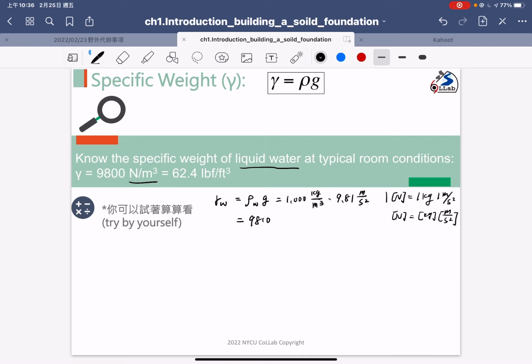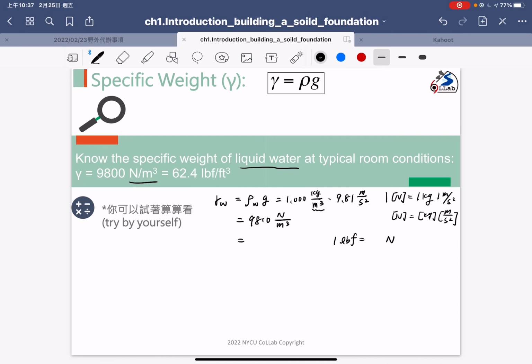Okay, but for our question, how can we convert the SI unit to the English unit? Okay, 公制 to 英制. Okay, so we need to know 1 pound force is equal to how many newtons, right?